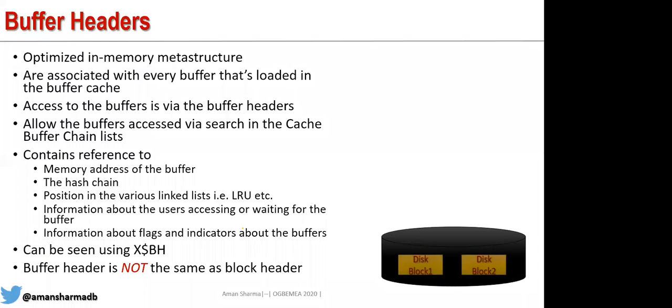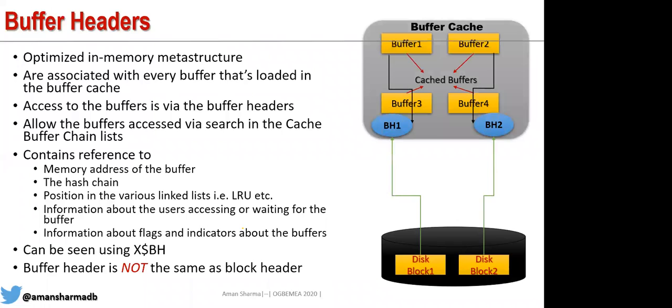Now, the maintenance of the buffer cache is done in the form of buffer headers. That is why we don't have $BC. We have $BH, which is buffer header, because whenever a block is accessed from the disk, it is maintained in the buffer cache in terms of its headers. That means there are headers maintained within the buffer cache in different linked lists.